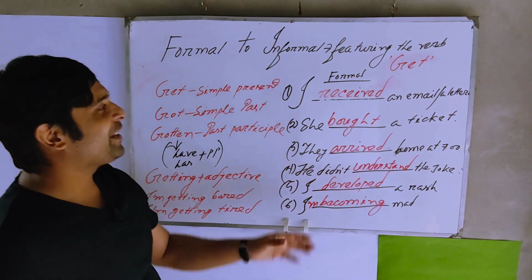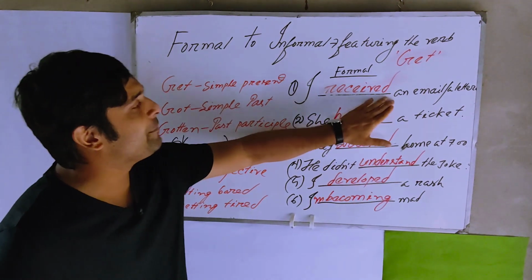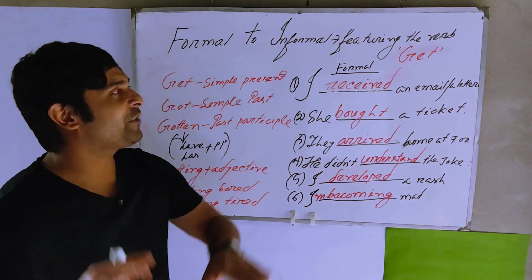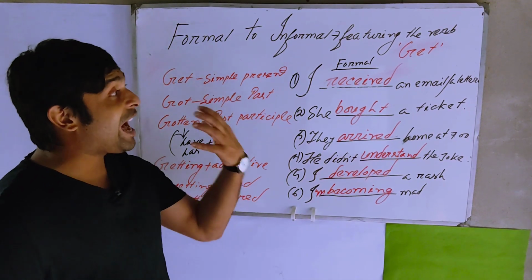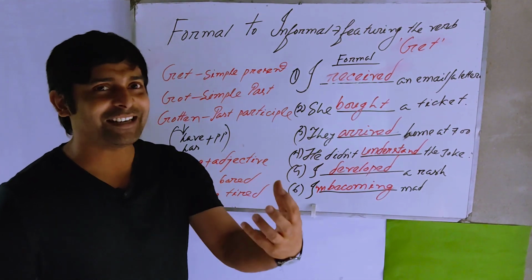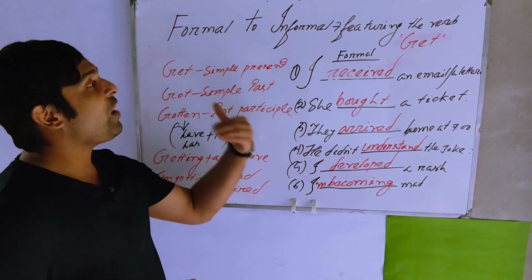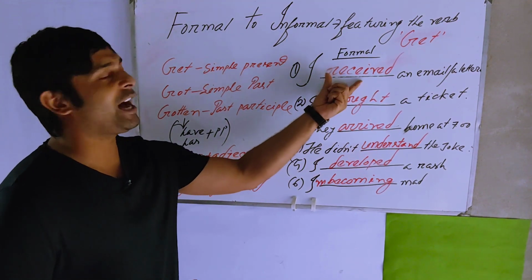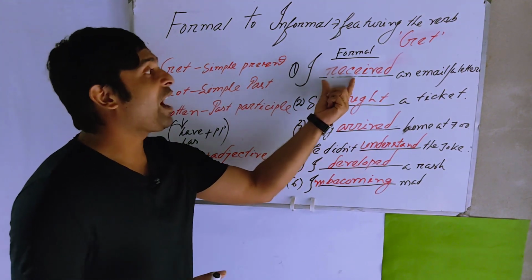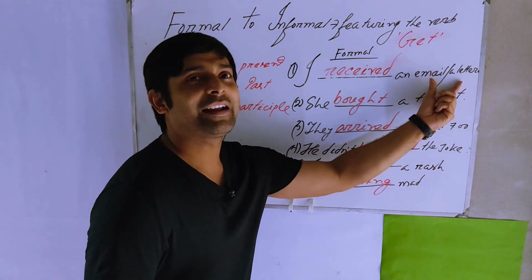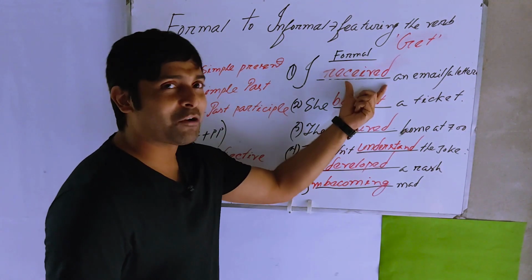So could you please tell me, I got an email or a letter, is it formal or informal? Of course I got an email or a letter is informal. So how to make it formal? I wrote here I received an email or a letter, that is the formal sentence.